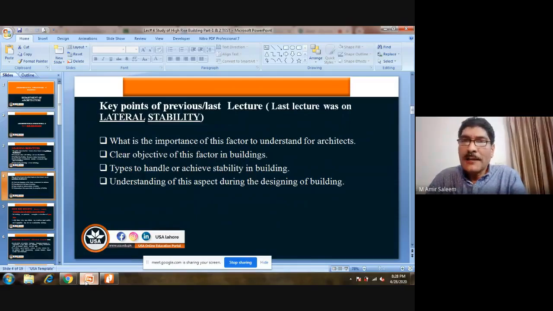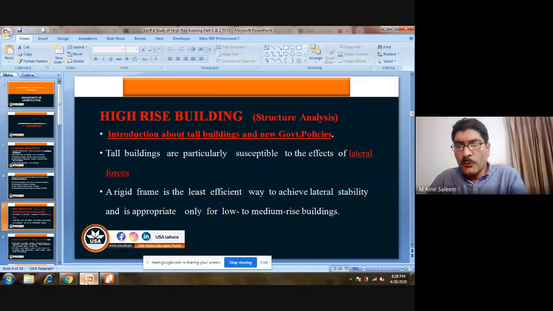Now we're going towards our new topics. High-rise buildings, as we discussed, are majorly affected by lateral movement. When we move toward tall buildings, we will discuss very briefly the new government policies with respect to tall buildings and high-rise buildings.